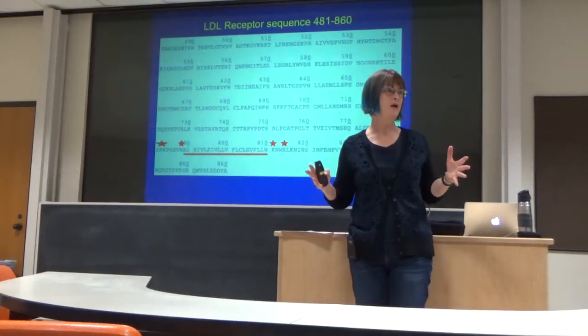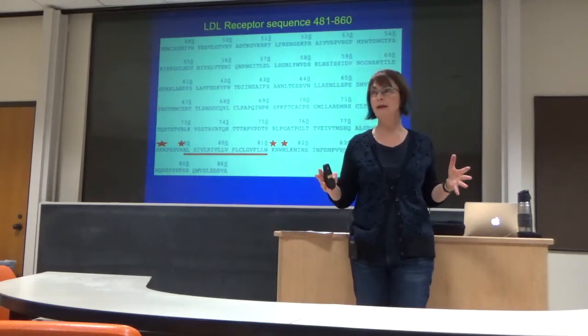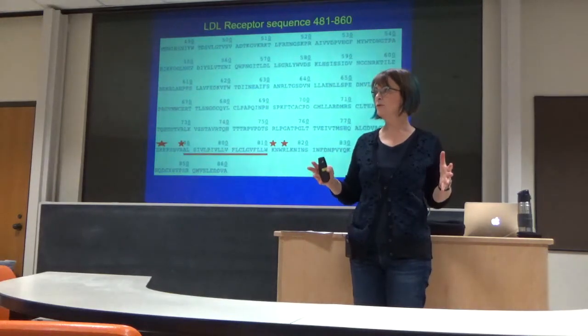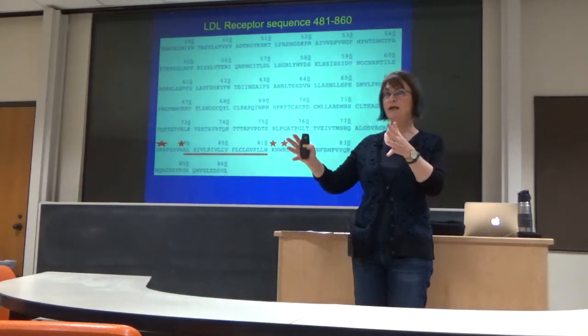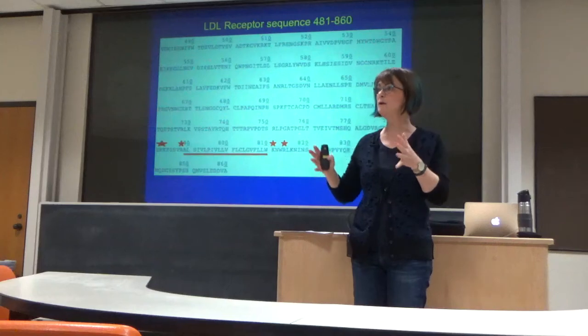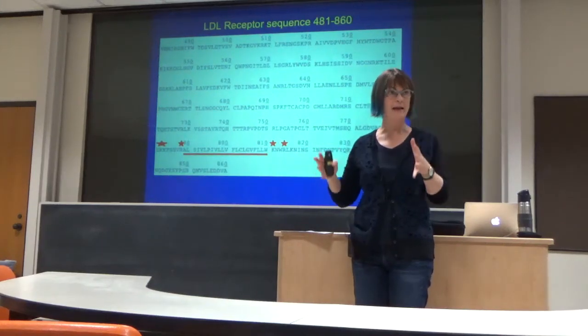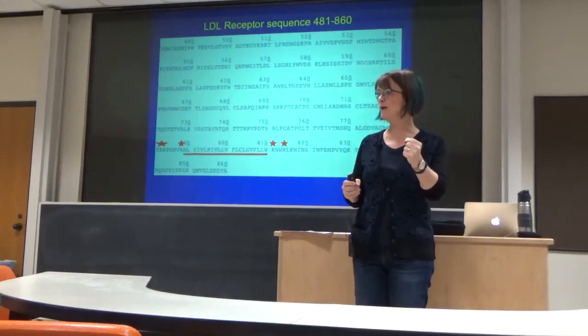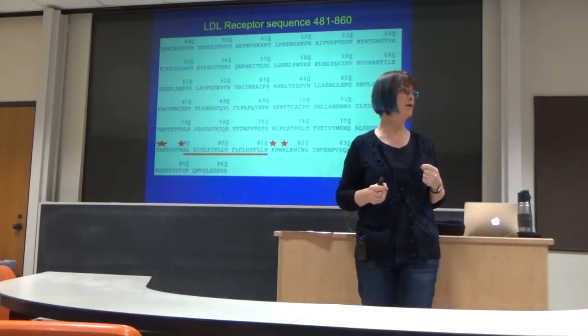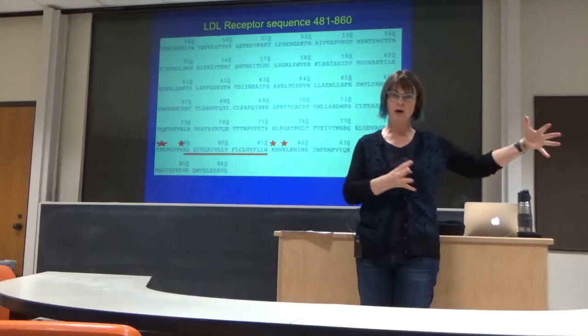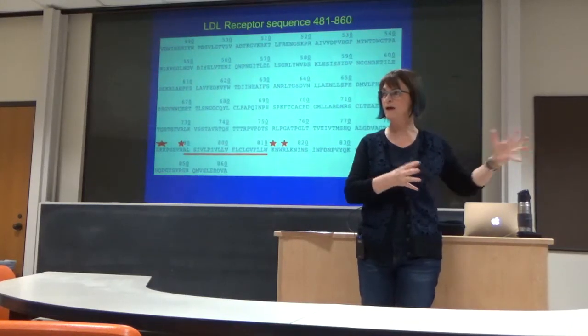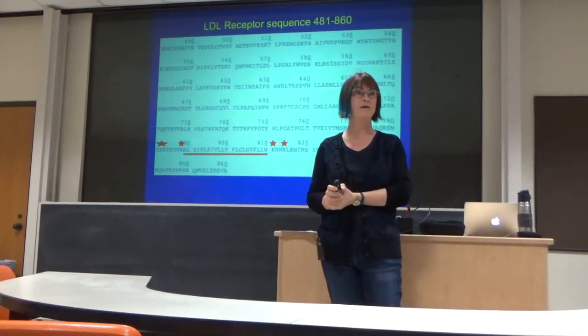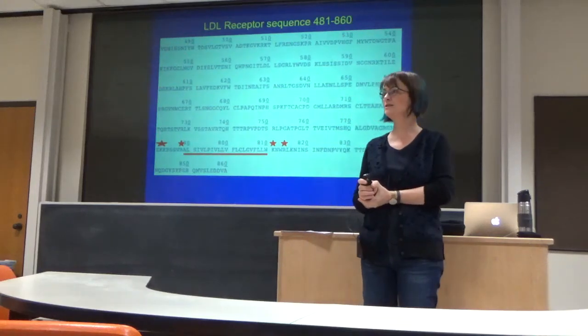We don't really know that this is the transmembrane domain of the LDL receptor until we do experimental tests in real life to analyze the transmembrane domain. But we have a really strong hypothesis right now. There's a single transmembrane domain and a very large domain on one side and a smaller domain on the other side. Any questions?